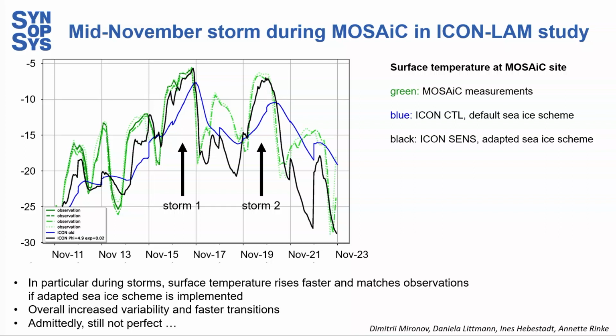We see, particularly during these storms, we are now able to really capture the MOSAiC measurements, but during other times it's not as good. In the first part of the graph we see some improvements, but in the other half, especially at the end, so November 21 to 23, the model maybe even got worse. There could be other things that influence that, clouds or something else, but that's something to look into in the future.